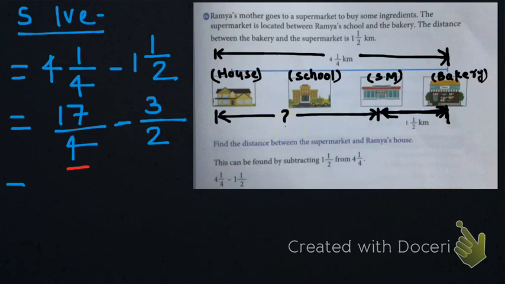Now you can see that here we have been given mixed fractions. We have to convert this mixed fraction into a normal fraction. So we will multiply 4 into 4. So 4 into 4 will give 16 plus 1. Let me solve this for you.